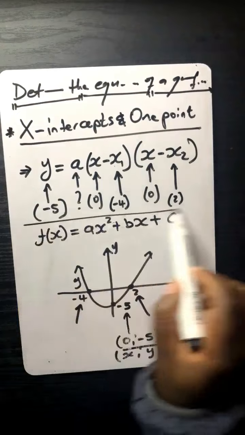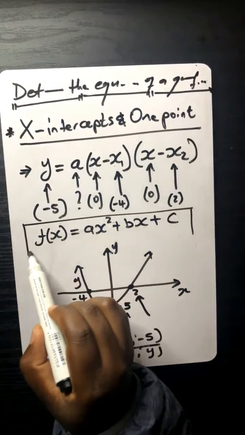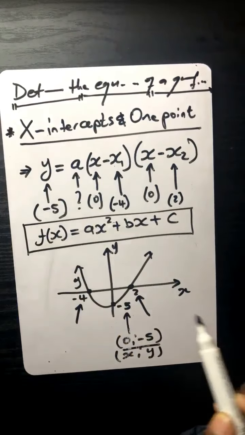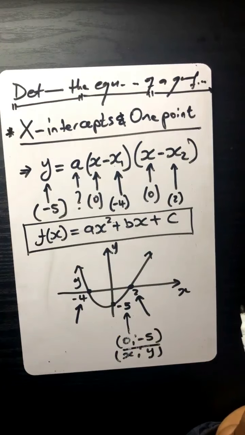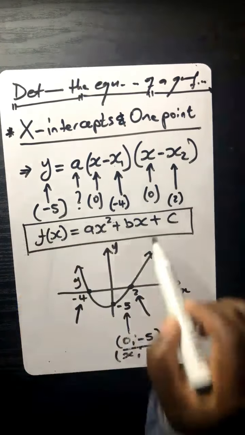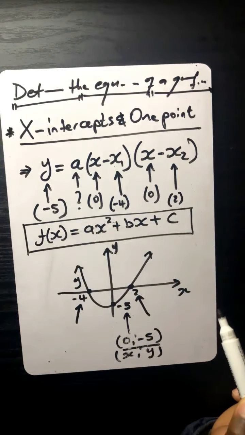I will show you before the end of this lesson how to find the equation of a quadratic function and represent it in that format. So in today's lesson, that's what I want you guys to fully understand.